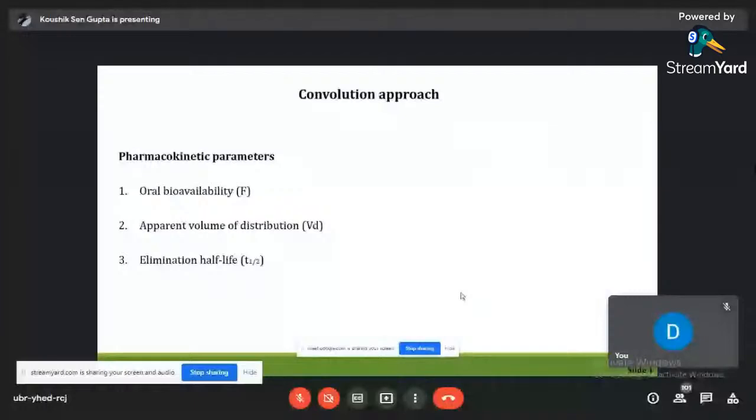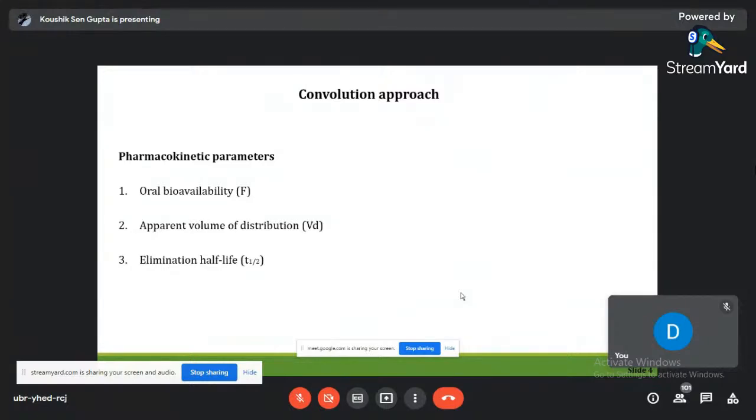So, the second pharmacokinetic parameter is the apparent volume of distribution. Hope the BPharm students and the MPharm students already know what the apparent volume of distribution means. Whenever the drug reaches the systemic circulation, that is the blood, immediately the drug molecules are distributed throughout our body system. Wherever the blood is flowing, the drug also goes there. This is called distribution.